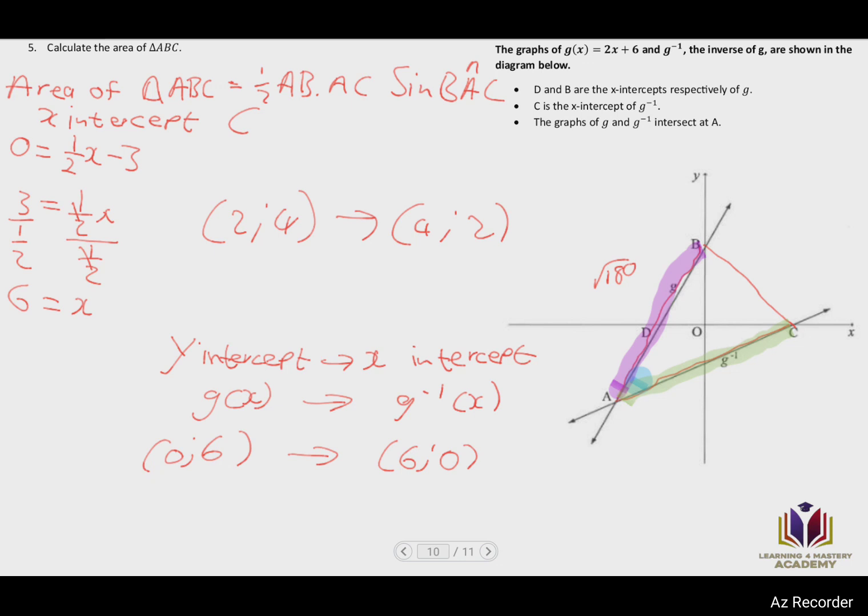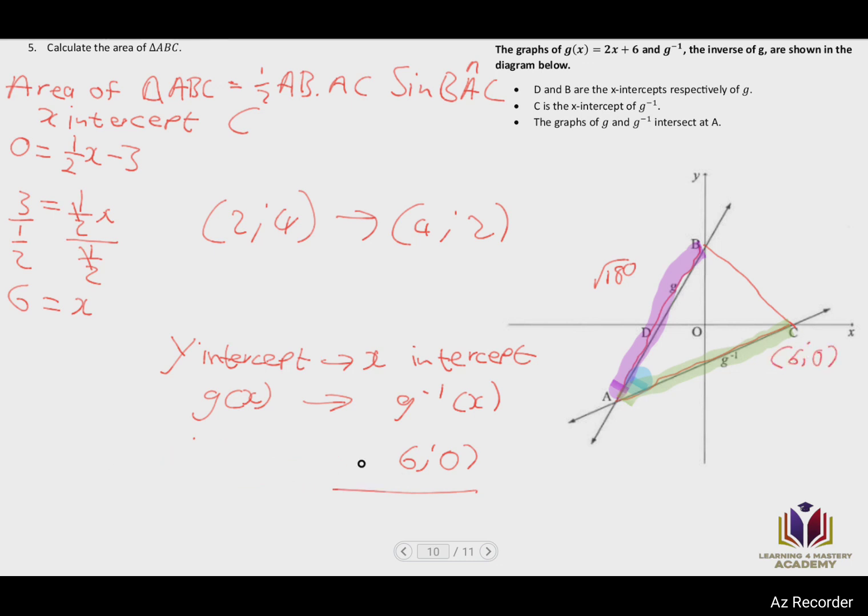Meaning the y-intercept of the original becomes the x-intercept of the inverse, and the x-intercept of the original becomes the y-intercept of the inverse. So I didn't have to calculate it, but I wanted to prove to you that this rule works. So the coordinates of C are then 6 and 0.